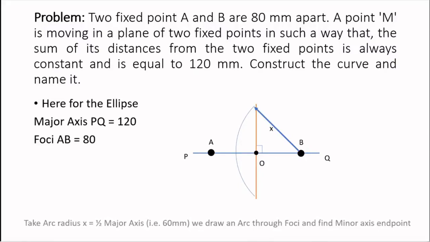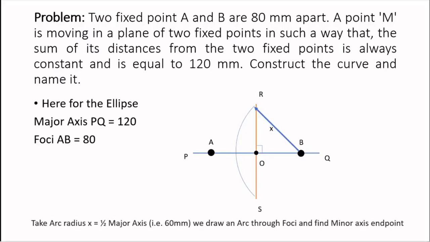So the arc with the radius x, that is half the major axis equal to 60 mm, would intersect at 2 points, that is R and S, which are the minor axis points, and RS is the minor axis that can be found.